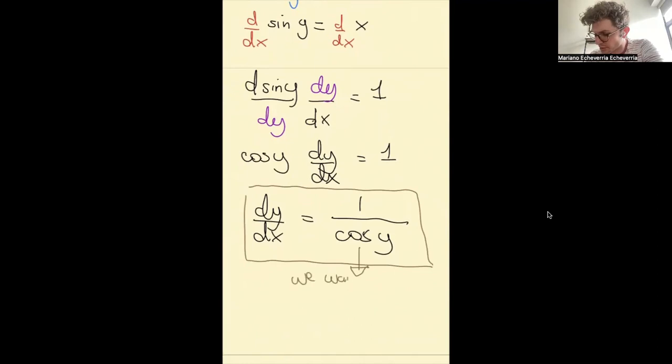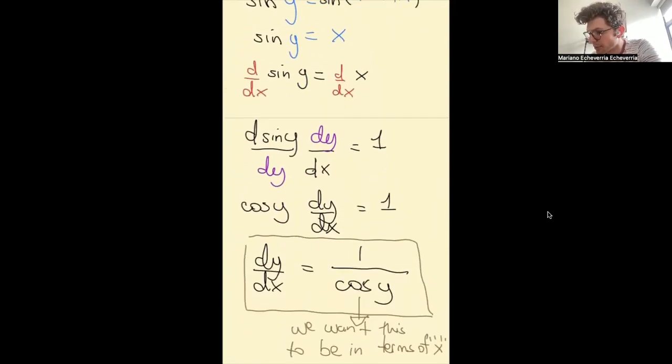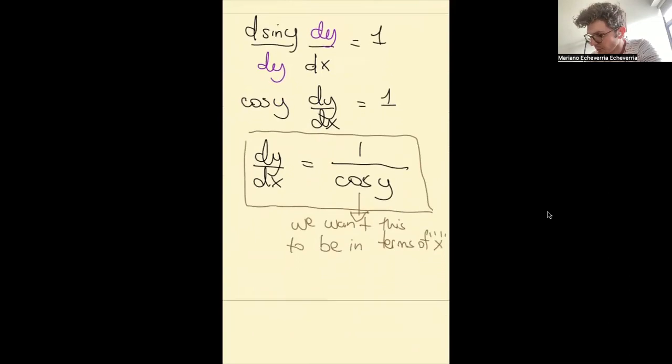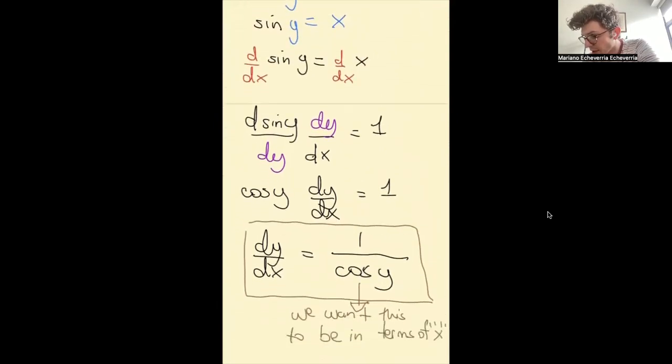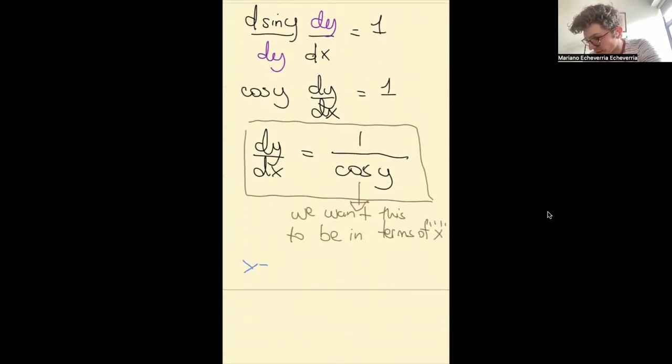So how can we put that in terms of x? Well, what is x? x is sine of y.